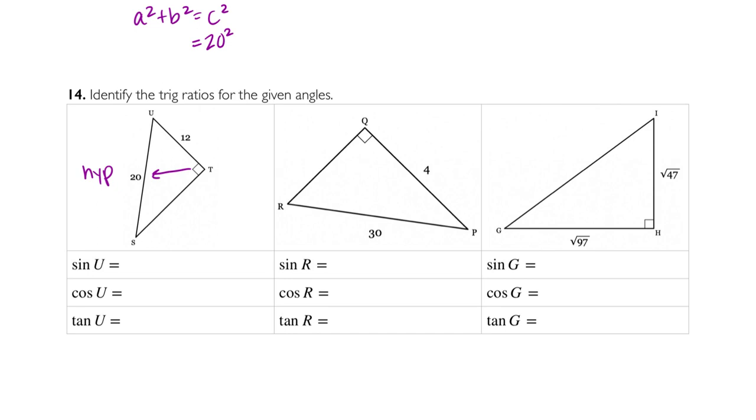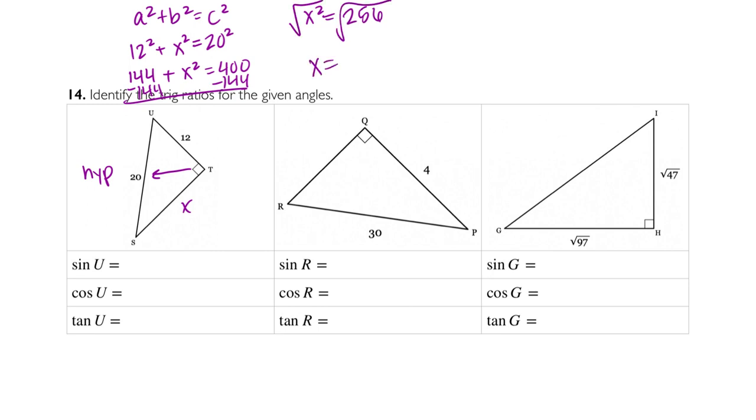Then A and B, one of them is going to be 12, and the other one is what we're trying to figure out. So we'll do 12 squared plus x squared equals 20 squared, and we'll subtract 144 over to the other side, and we'll get x squared equals 256, and then take the square root, and we get 16.